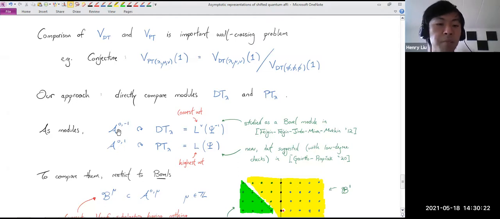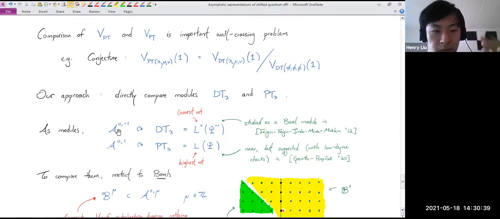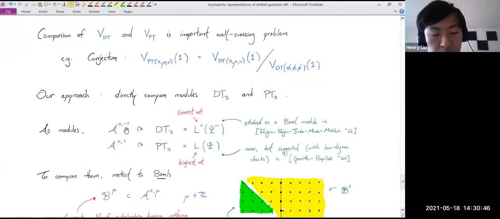You can shift psi plus independently of psi minus, right? Maybe psi plus starts at u to the -1, psi minus starts at u to the 10 million. But by moving the entire lattice around globally, you can always make it so that psi plus starts at the usual constant term and only psi minus is shifted. So when I say -1 shifted, I mean that psi minus has been shifted.